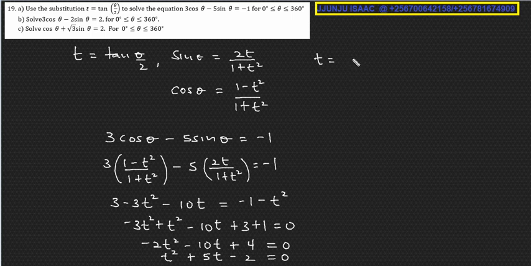So we get -5 plus or minus the root of 25, which is the b squared, minus 4 times a times -2, which is the c, then divided by 2 times 1.